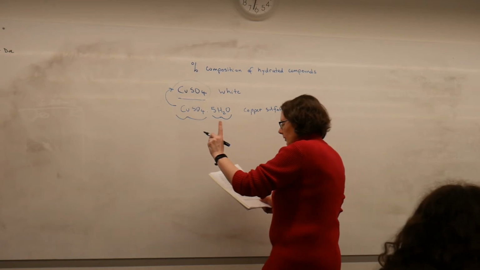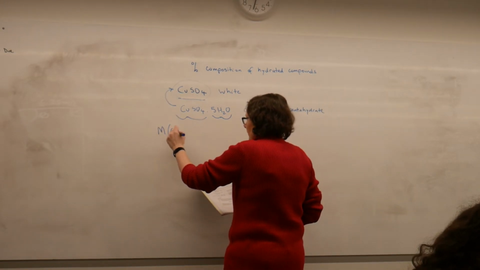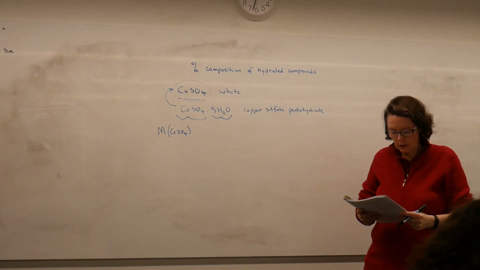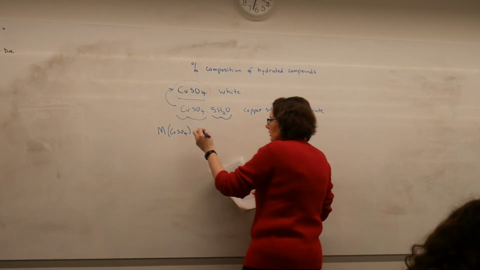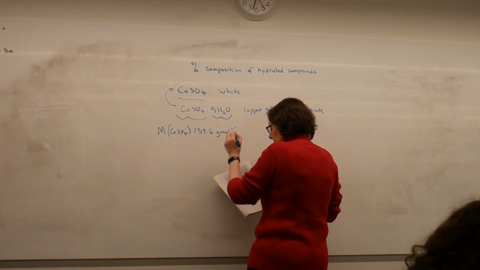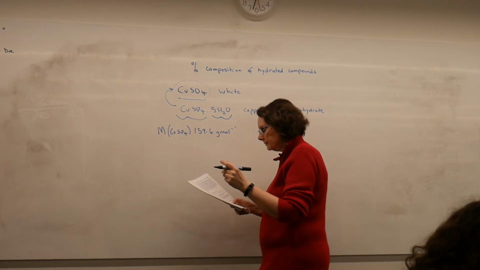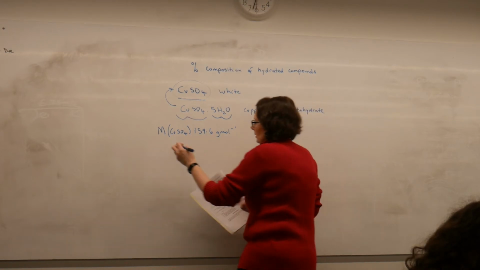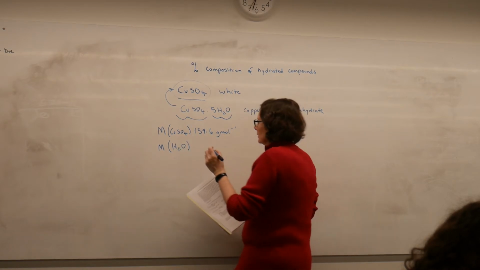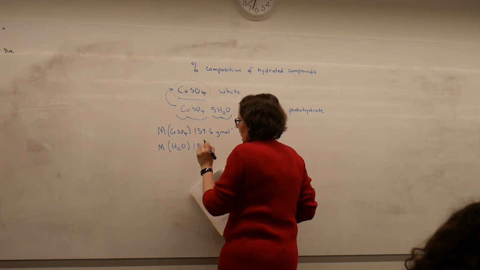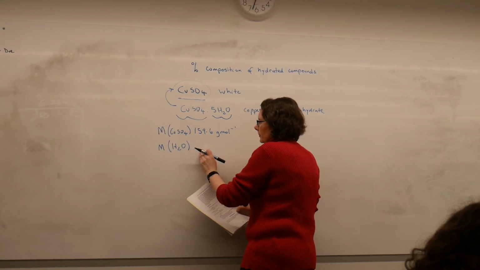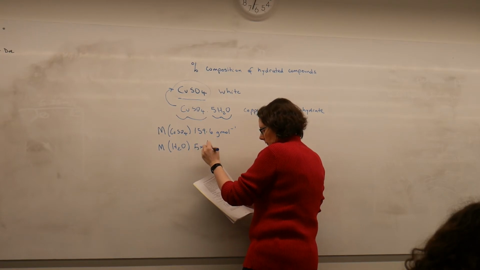So if we work out the molar mass of the copper sulfate, which has already been done in the example here, we can see that it's 159.6 grams per mole. And the water, what's that going to be? 18. Oh, it's actually just done as 5 lots.